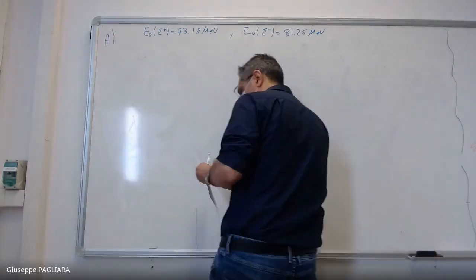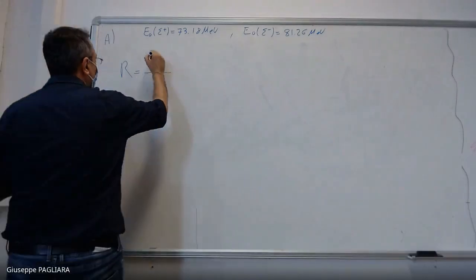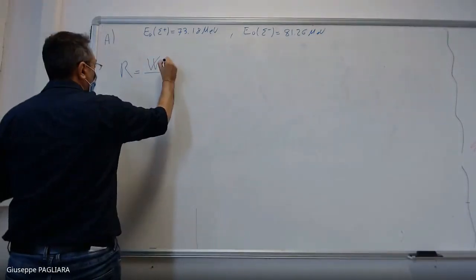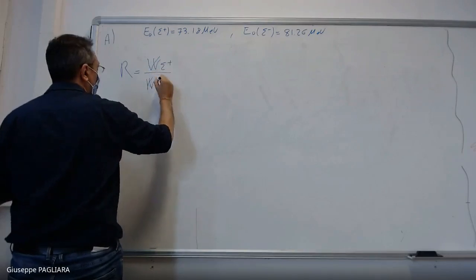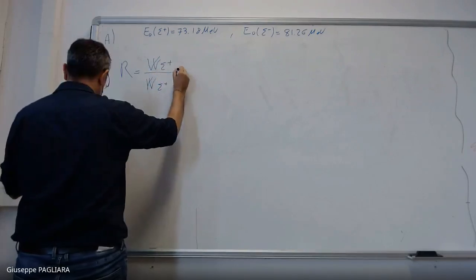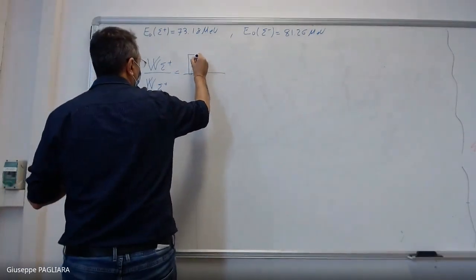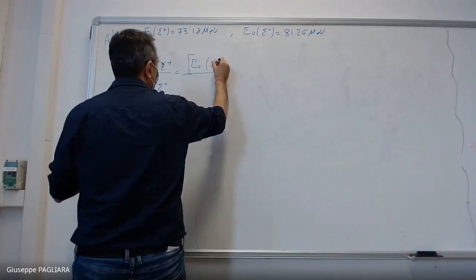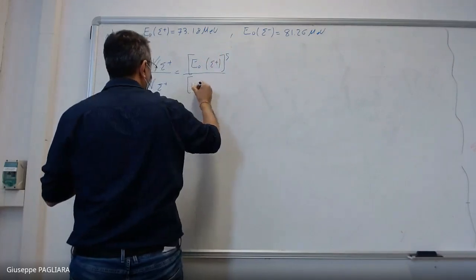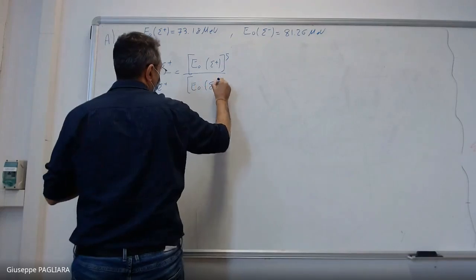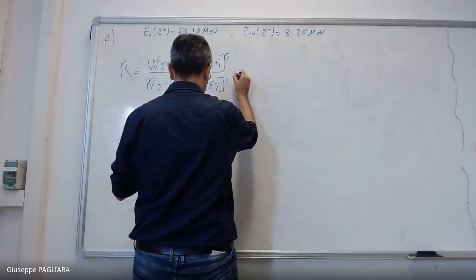Now, by using the Sargent rule, the ratio of the two decay rates, sigma plus over sigma minus, goes like the fifth power of the energy. So let's now put the numbers.